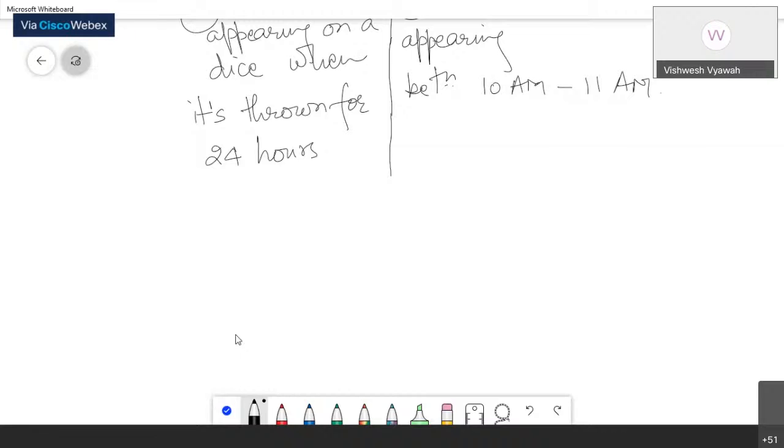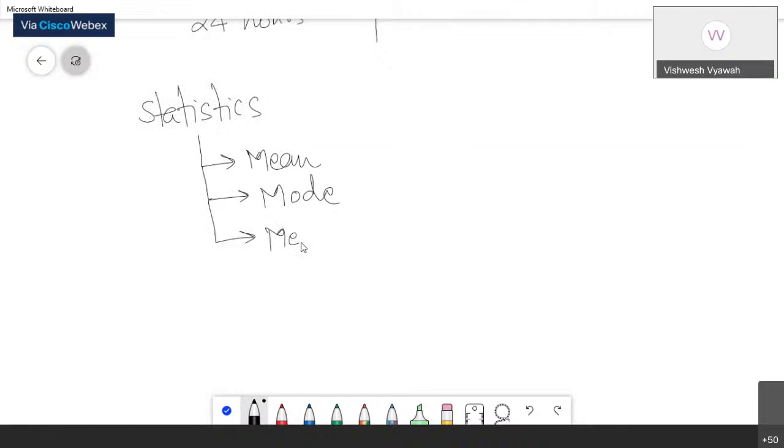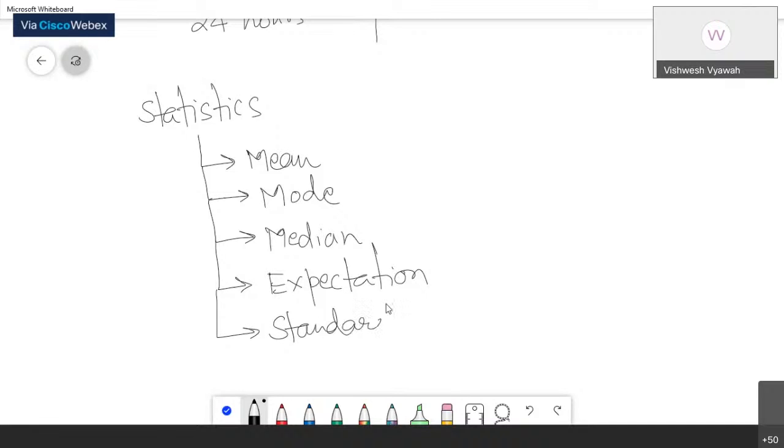Now the next most important thing is, in statistics, what are the most frequently used tools? I want to find the mean of data, the mode of data, the median of the data. I want to find the expectation, which is part of mean only. I also want to find the standard deviation.